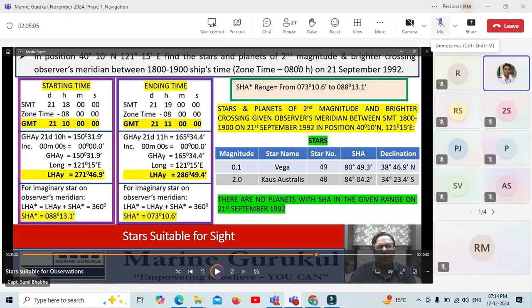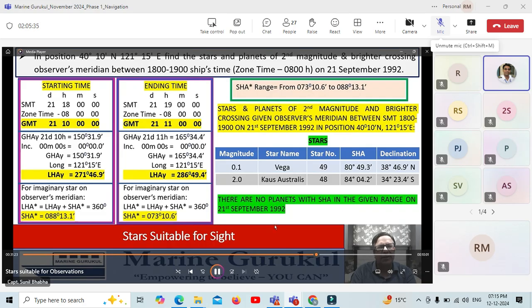So this will include second magnitude, and also first magnitude, because first magnitude is brighter than second magnitude, no? Okay, sir, understood. If 'and brighter' was not mentioned here, then we will not pick up Vega here. We will only pick Kaus Australis. Okay, sir. Okay, good.